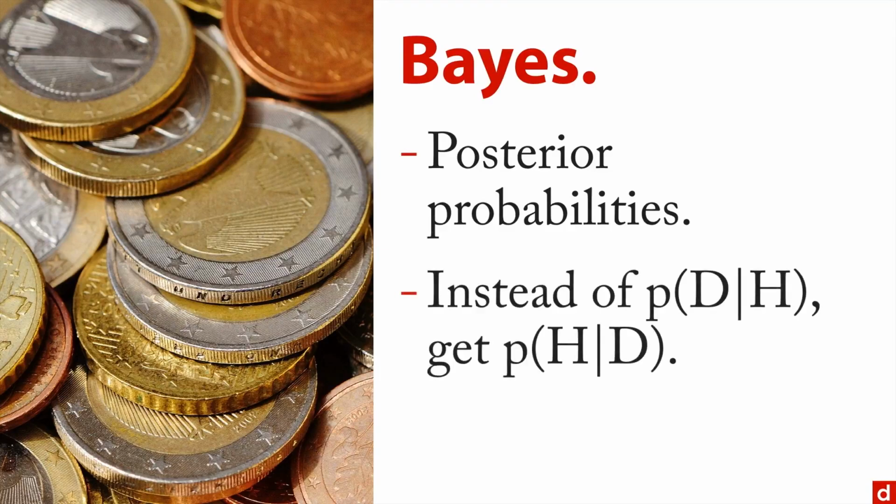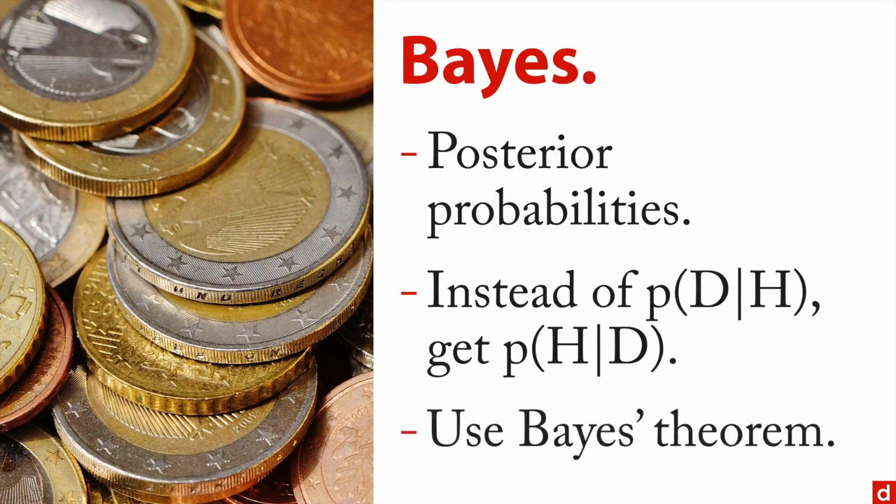Most analyses give you a probability value for the data given the hypothesis, so you have to start with an assumption about the hypothesis. But instead, it's possible to flip that around by combining it with special kinds of data to get the probability of the hypothesis given the data. And that is the purpose of Bayes' theorem, which I've talked about elsewhere.